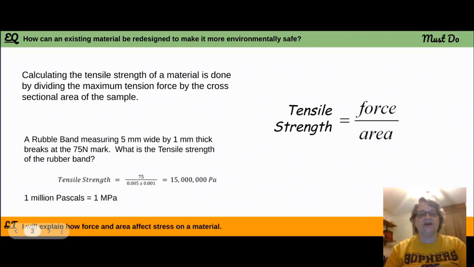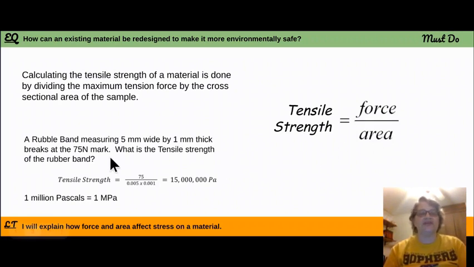In this case, we know that the tension force is 75 newtons. So in our formula, the force is equal to 75 newtons. We're going to divide that by the cross-sectional area.